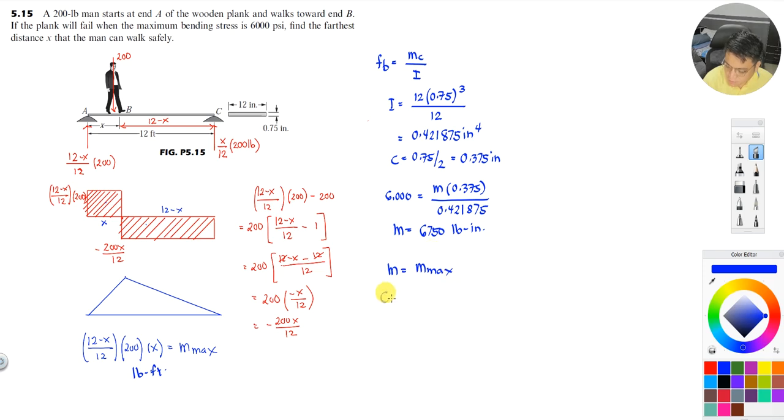So, 6,750 is equals to 12 minus x all over 12, multiplied by 200, multiplied by x. Again, imumultiply ko siya by 12, no? Para maging pound inch din siya. Okay? So, now we will solve for the x.